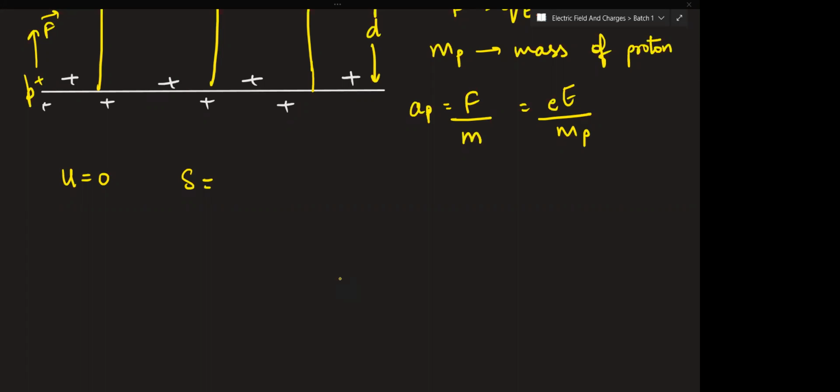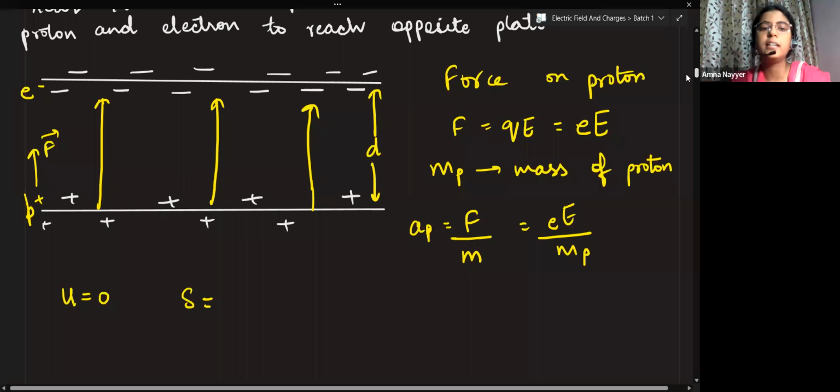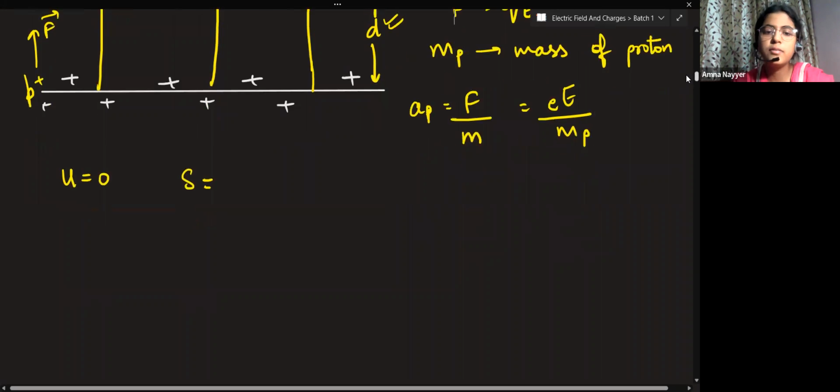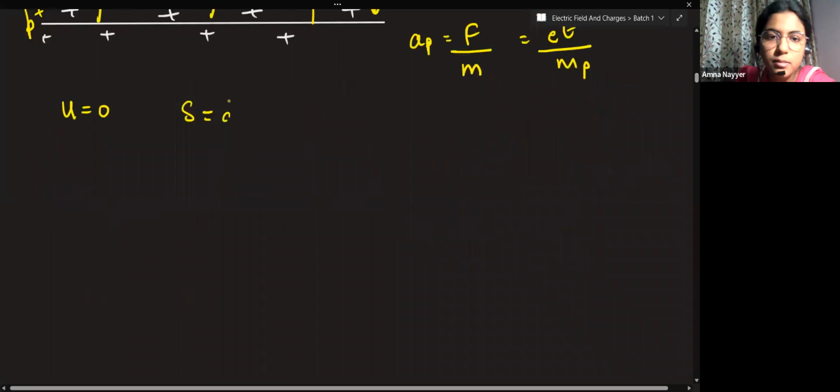D. Atif is right. Proton is moving from this plate to this plate and electron is moving from this plate to this plate. The separation between these two plates we have assumed as small d. So the distance will be small d.